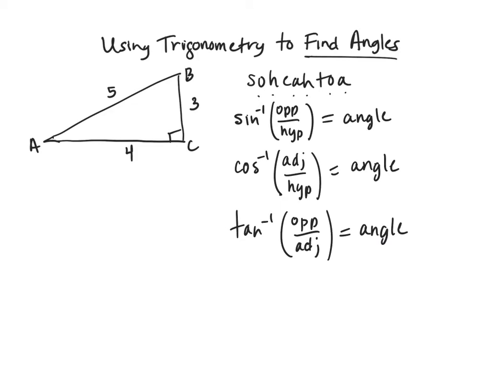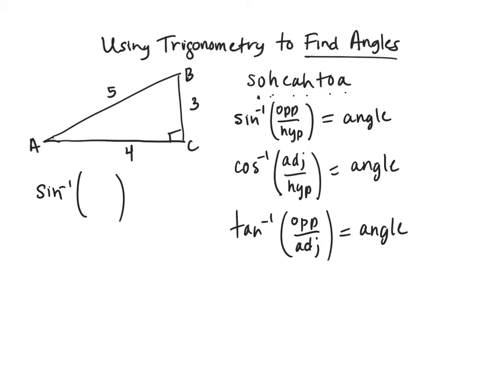So let's take an example from the picture here. Let's say I wanted to find angle A and I wanted to use sine. So normally, if I'm going to use sine, it'd be the sine of an angle. But because I'm looking for an angle, I use the inverse sine, and rather than putting an angle, I put in a ratio. And the sine is opposite over hypotenuse.